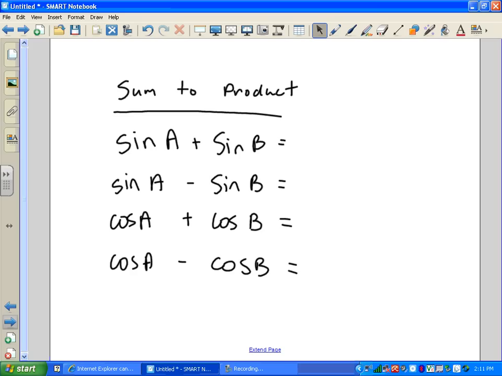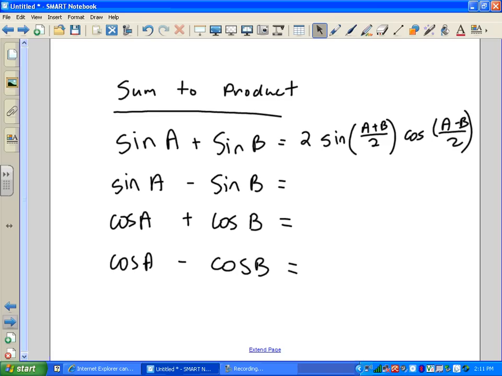This first one, sine A plus sine B, is equal to 2 times the sine of (A plus B) over 2 times the cosine of (A minus B) over 2.